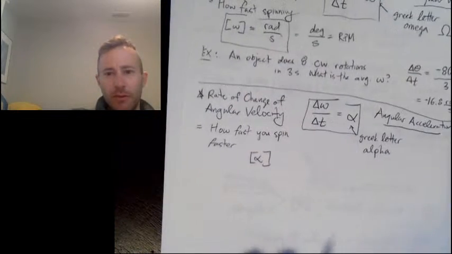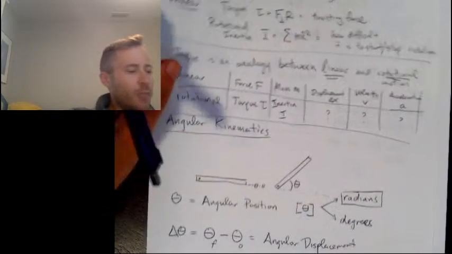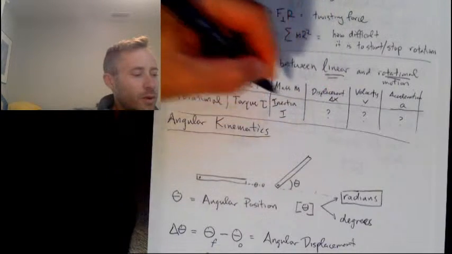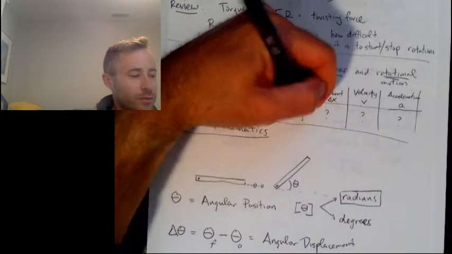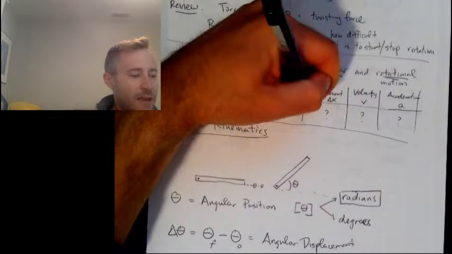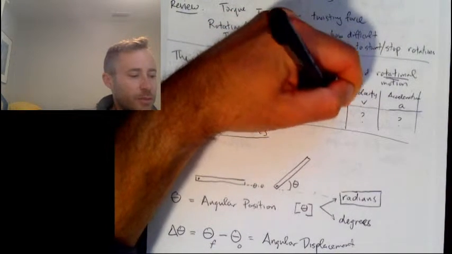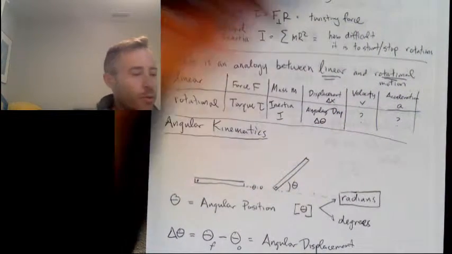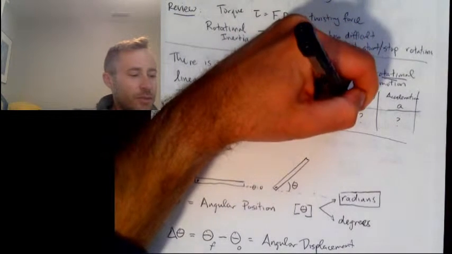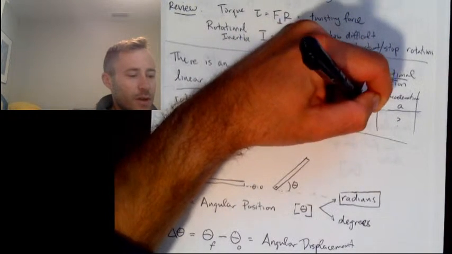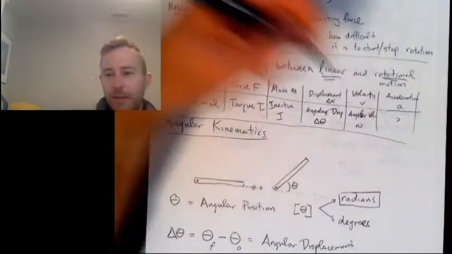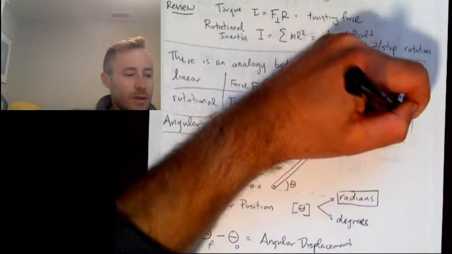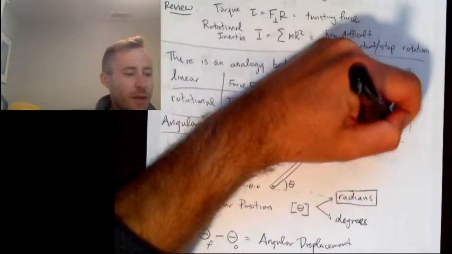And while I wait for a response to that question, we can actually complete this analogy. When we're talking about rotational motion, we have the angular displacement, which is denoted by delta theta. We have the angular velocity, which is denoted by omega, and we have the angular acceleration, which is denoted by alpha.